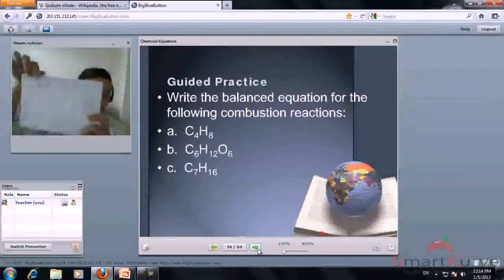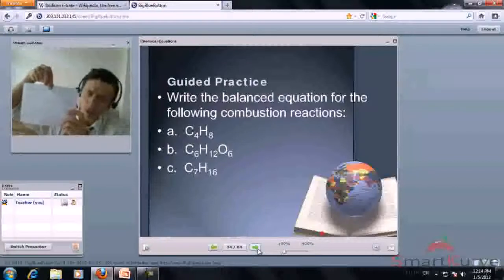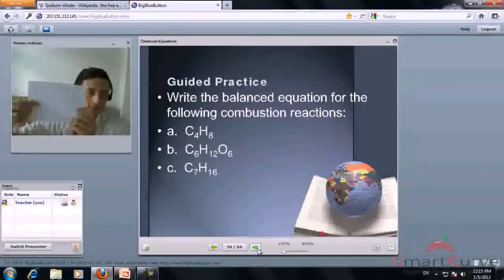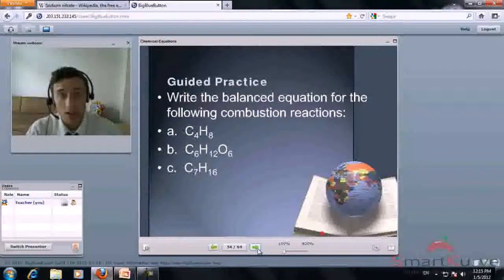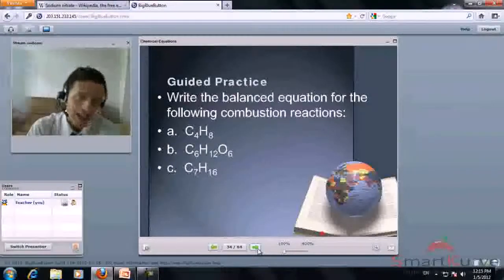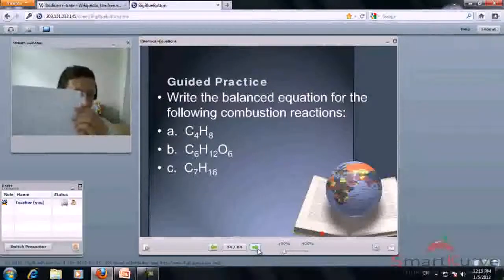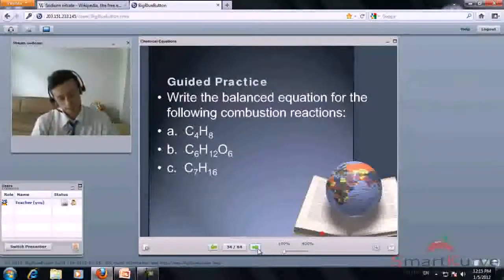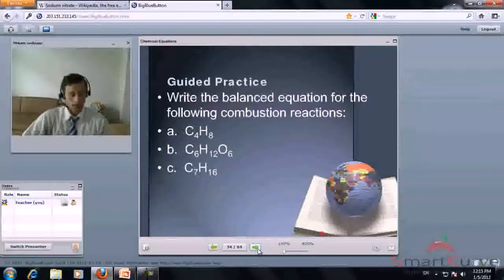Now we've got 6 times 2, 12, plus 6, 18, which is just what we have here on the product side. So now we've got 18 atoms of oxygen on the product side, 18 on the reactant side, and our equation is balanced. Okie dokie. And that would be the combustion of sugar.